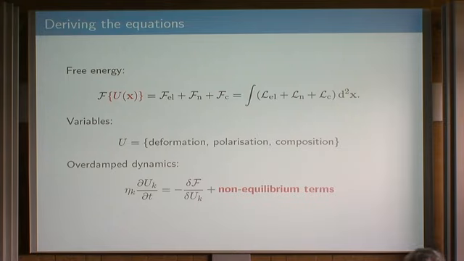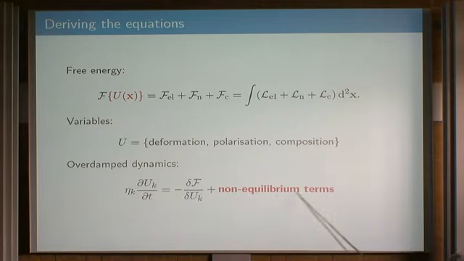In biological and biomimetic systems, we actually can forget Newton's law. Inertia never plays the role, and the dynamics is a kind of Aristotelian dynamics, which moves towards the equilibrium. So each variable evolves according to the variation of the free energy with respect to this variable with some friction coefficient.